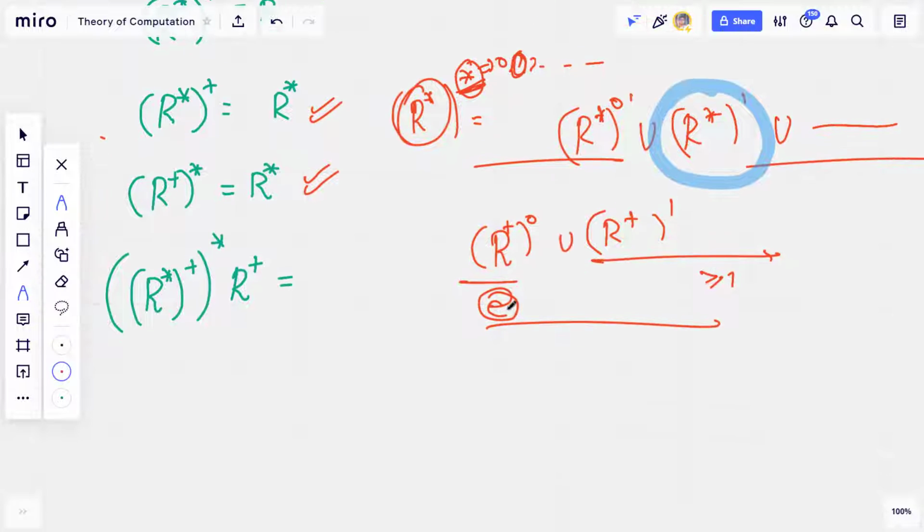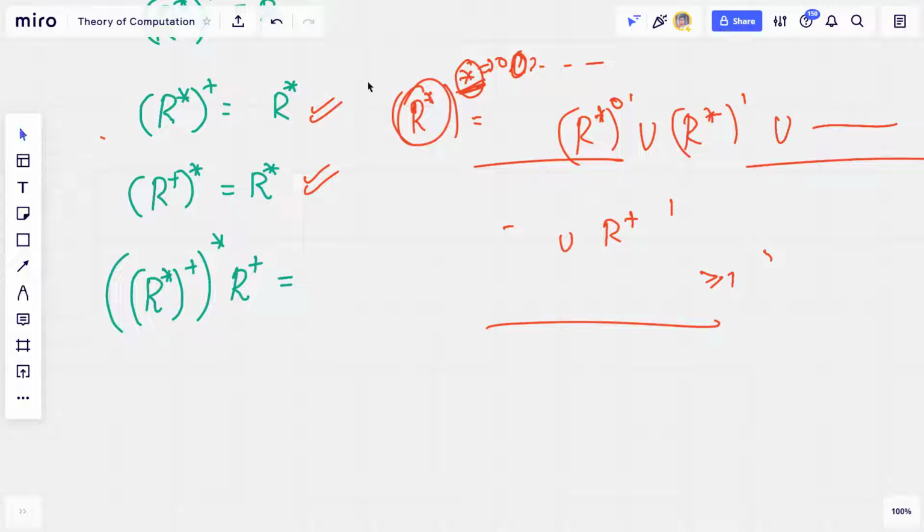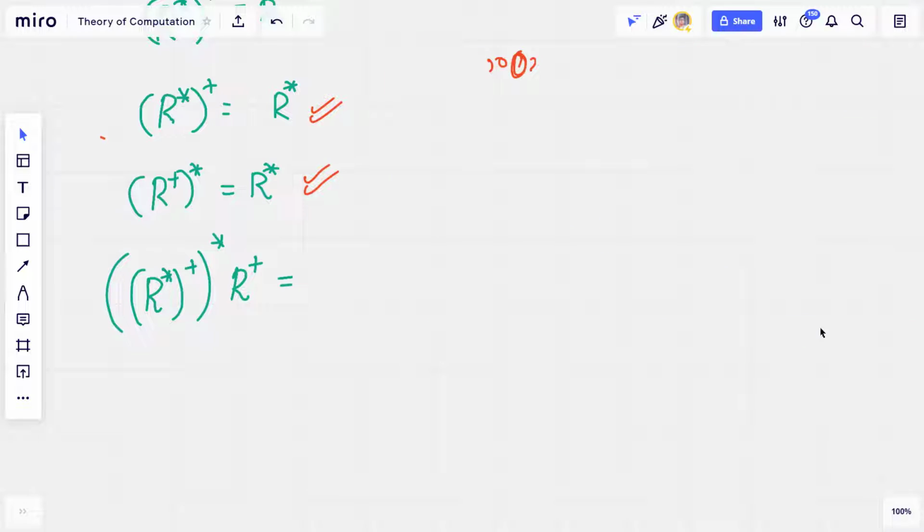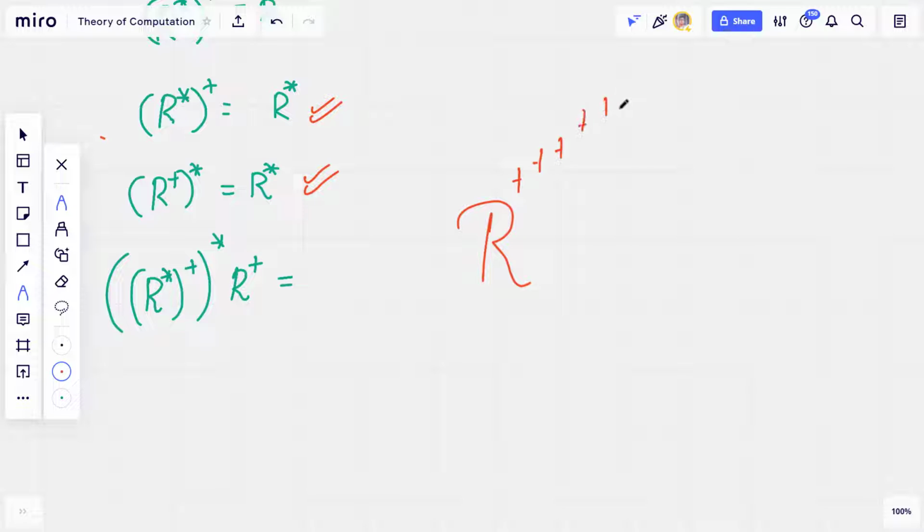So the point I'm trying to prove here is this. You are given R, and no matter how many pluses there are, even if there is one star, it's enough to prove the point.